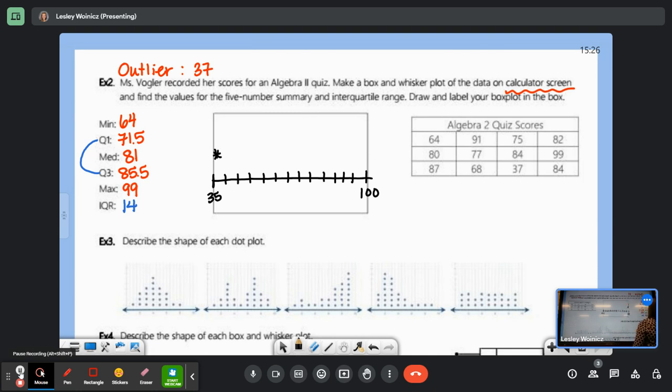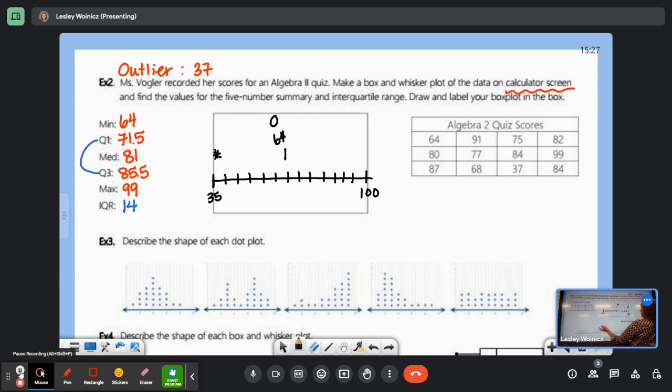My min is at 64. 35, 40, 45, 50, 55, 60. Chill out. Okay, so this one is 64. That's my min.